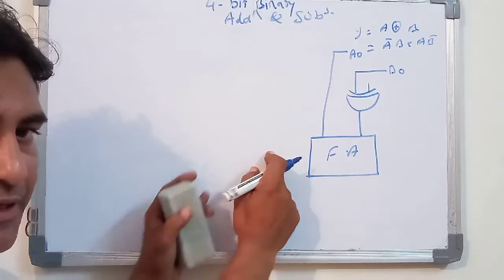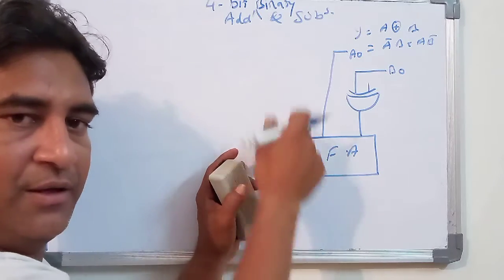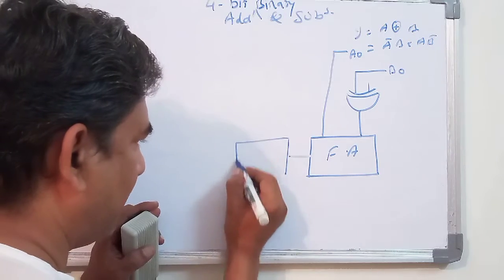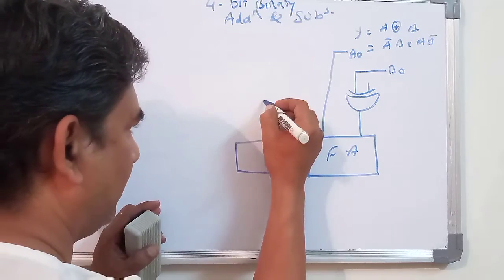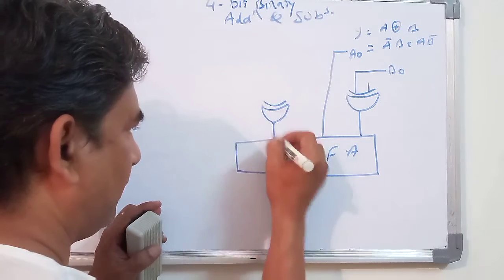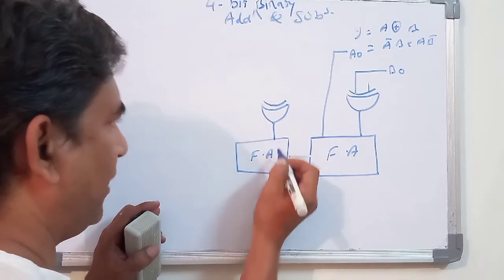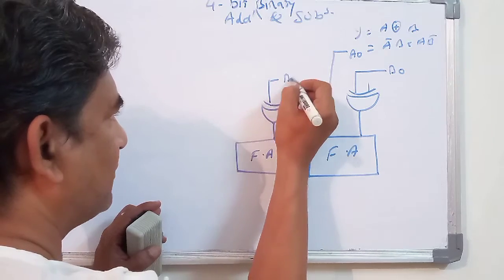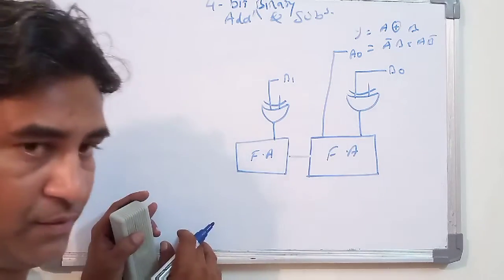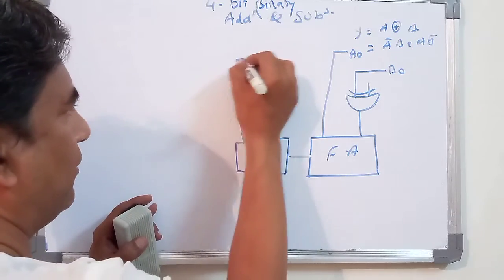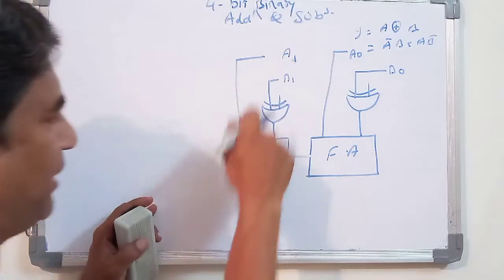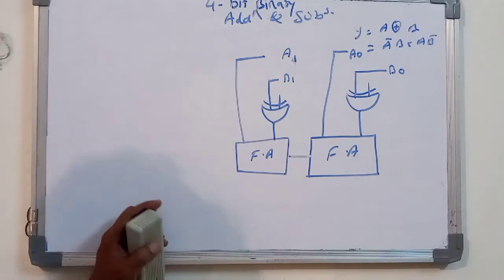Here the carry will be generated and it will be connected to the second block. The XOR gate will be connected to the next full adder with the value B1, and the second number bit, that is A1, will be connected directly to the full adder.